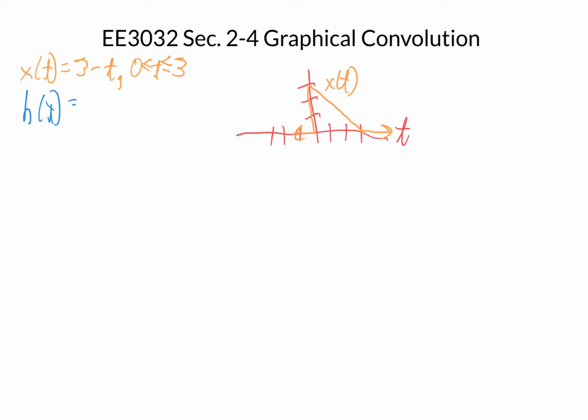Similarly, I'm going to define an impulse response here as 2 minus t, and we'll have that be a similar function going from 0 to 2. So it's going to look like this right here on the graph. So that blue graph, h of t, remember, is showing us what happens if I excite the system with just an impulse.